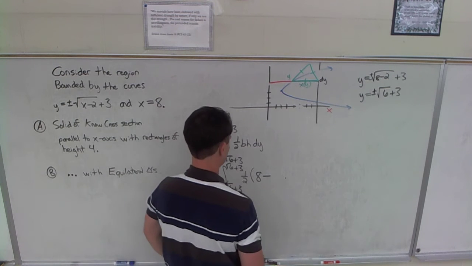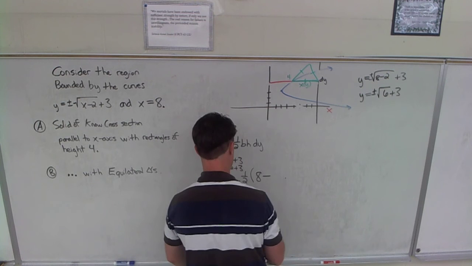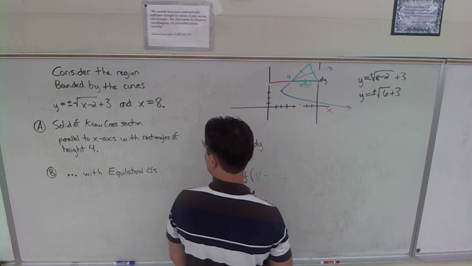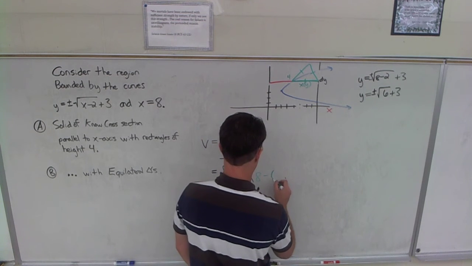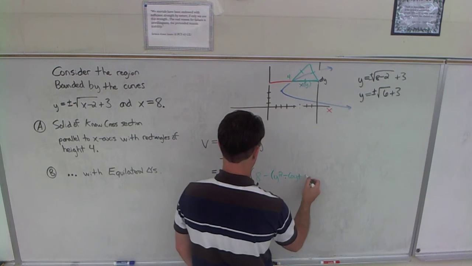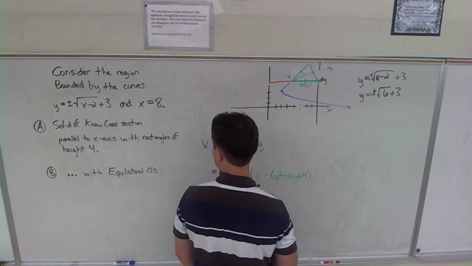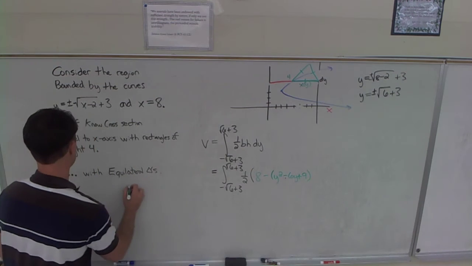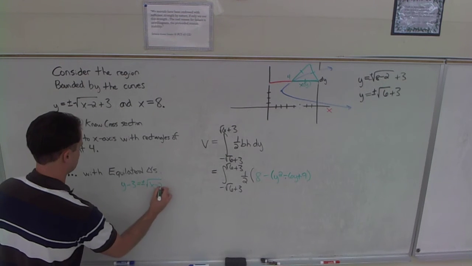I erased it. See if I can do it in my head. You guys will have to catch me if I mess up. I'll do it in green here, right? So it's going to be 8 minus y squared minus 6y plus 9. Let me solve it again, just in case. y minus 3 equals plus or minus the root.